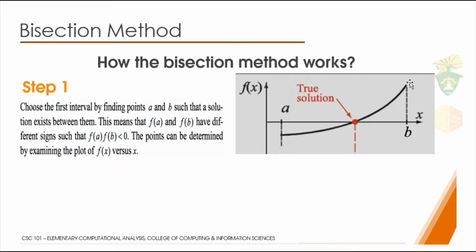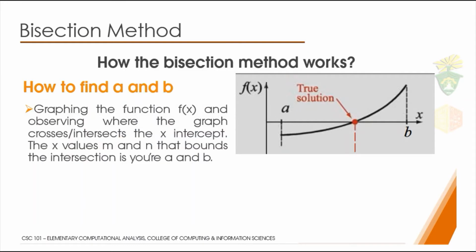In finding a and b, we should take note that if we take f of a and f of b, the product should have a negative value since one should be negative.